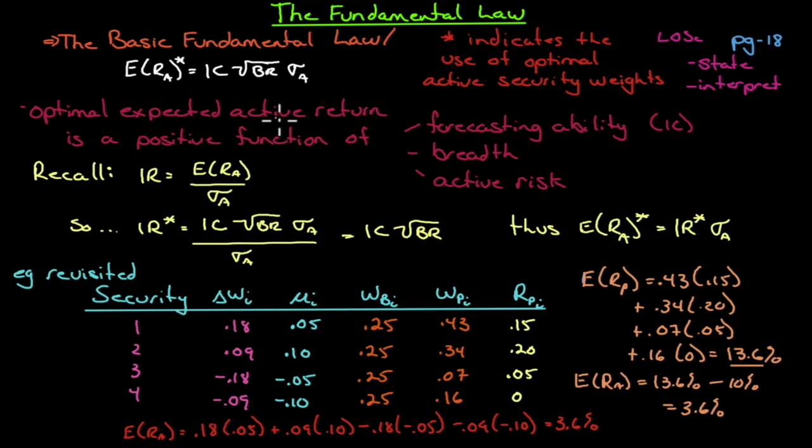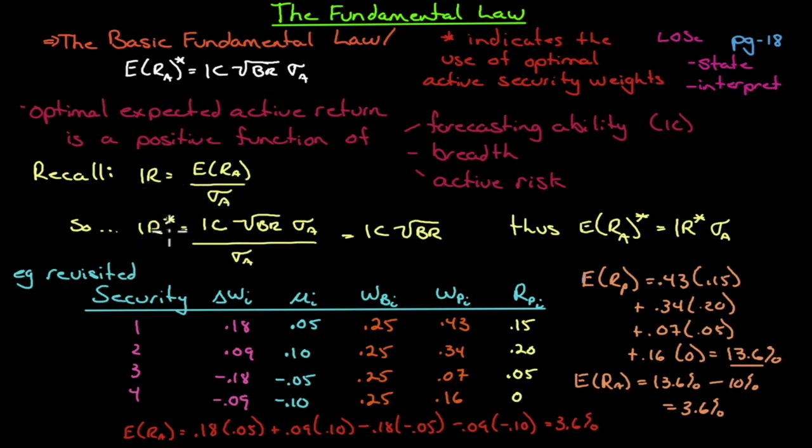Optimal expected active return is a positive function of, well, the first one should be obvious, right? Your forecasting ability. Breadth and active risk. So you'll recall our information ratio was the expected active return divided by active risk. That gave us an information ratio, right?